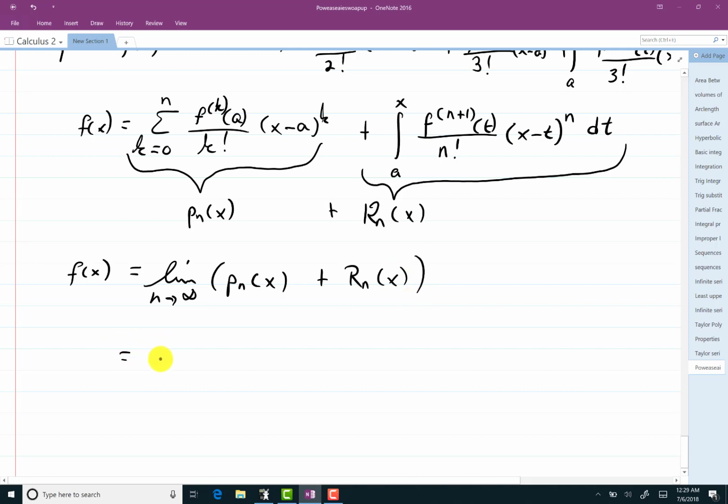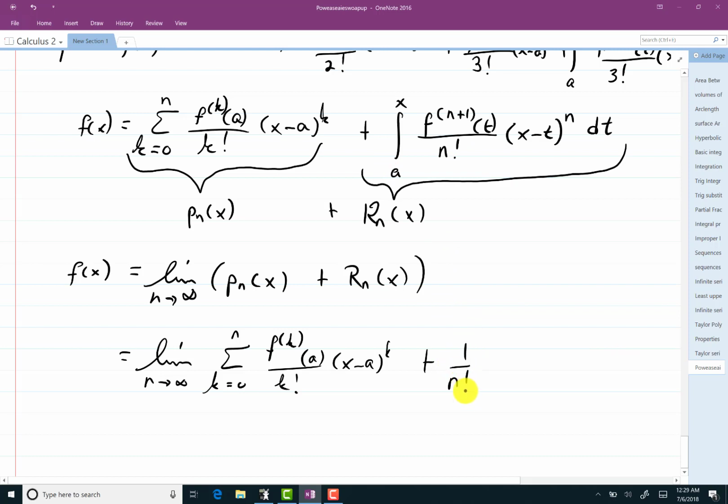That'll be the limit as n goes to infinity, summation k equals 0 to n, f to the k, evaluated at a over k factorial, times x minus a to the k, plus now with this integral what I'm going to do is I'm going to bring the 1 over n factorial out. The integral from a to x, f to the n plus 1 of t times x minus t to the n dt.